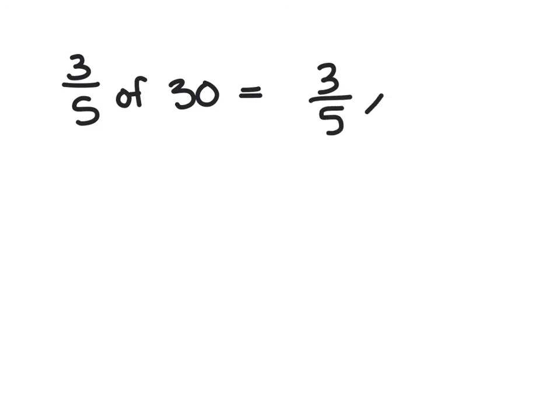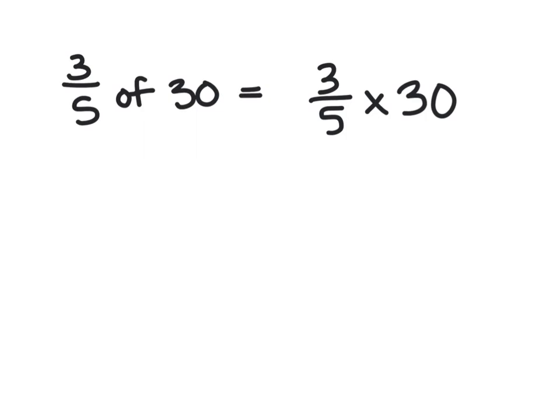One last thing. You might not realize it, but finding the fraction of a set is actually the same thing as multiplying. So on the last slide, when we did 3/5 of 30, that's actually the same thing as doing 3/5 times 30.